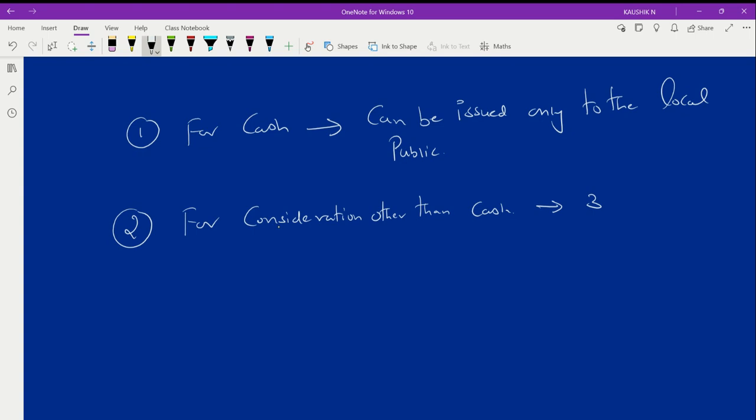In this concept, for consideration other than cash, you can issue to three different members. And I'll also explain why you are issuing to these three different members. Do you have any idea about this technical term called consideration? This is actually a technical term. The word consideration, probably I'll write this word alone in a different color, so you understand easily.